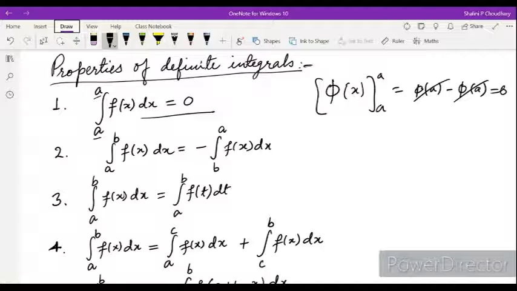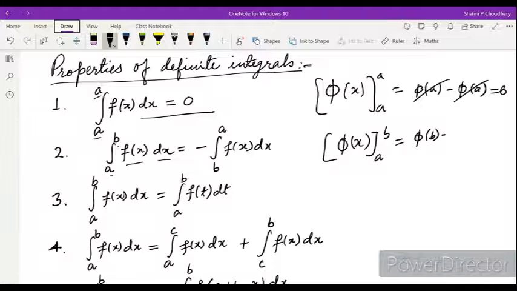Now the next property, property 2. It says if the function f(x) is there and we have to find the integral of f(x) with respect to x, and the limits are a to b, in that case what will happen? Phi of x from a to b. And what value are we getting for this?